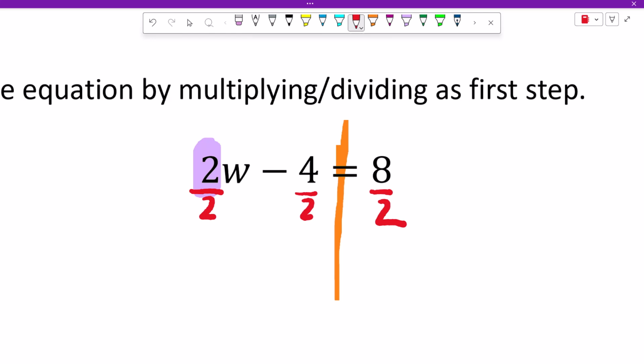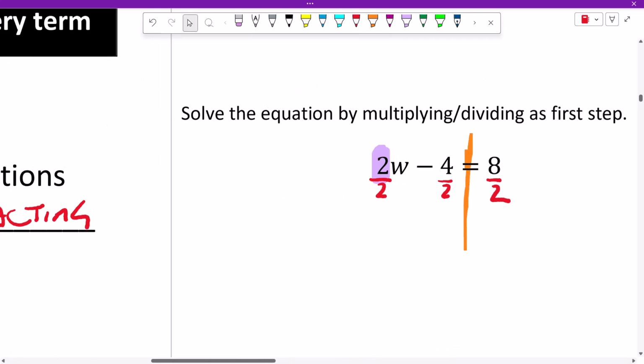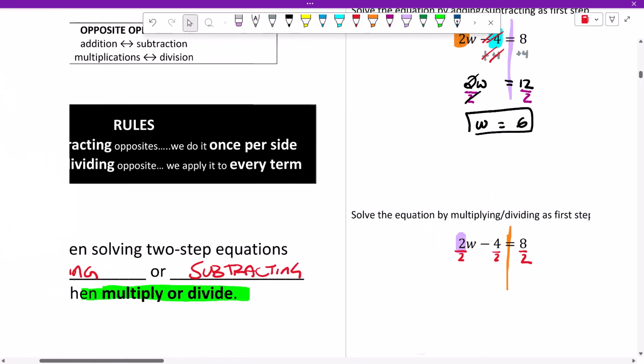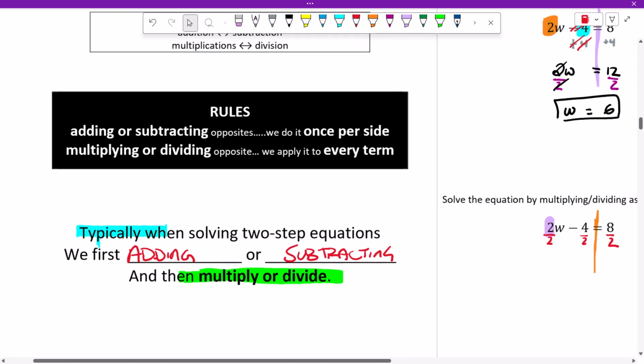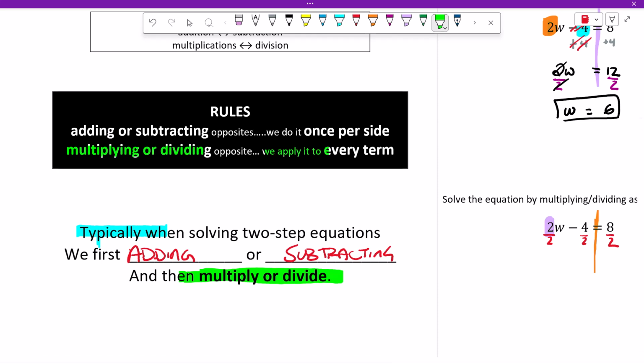So there is a slight change to what I've done in the past. Usually we just say, hey, what you do to one side, you do to the other side. That's easy when you only have one term. The true rule for multiplying and dividing is, if we multiply one side or divide that side, you divide everything, every single term.